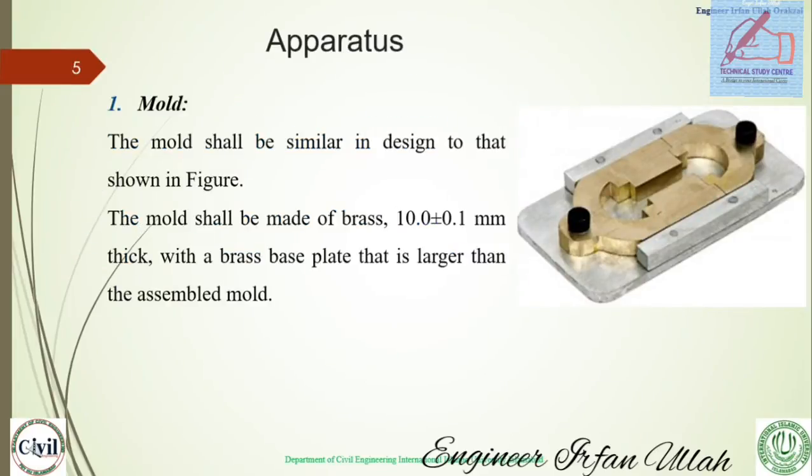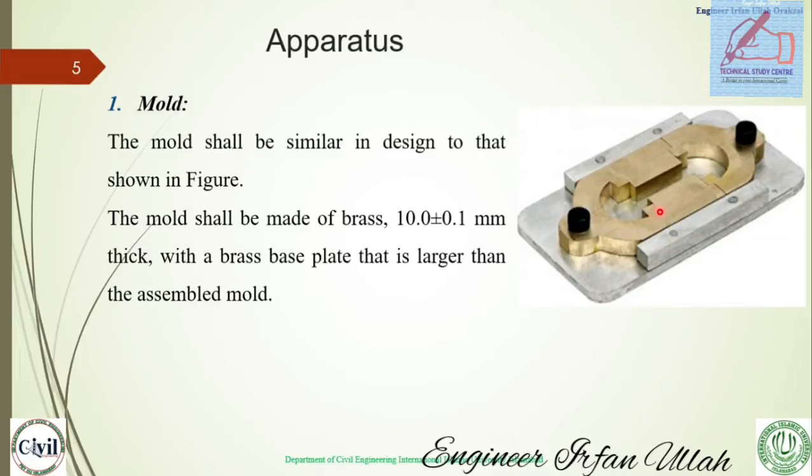So, the apparatus that should be used during the test, first of all and most importantly, is the mold. You can see in the mold that this will be filled with the specimens of bituminous material. The mold should be similar in design to that shown in the figure.